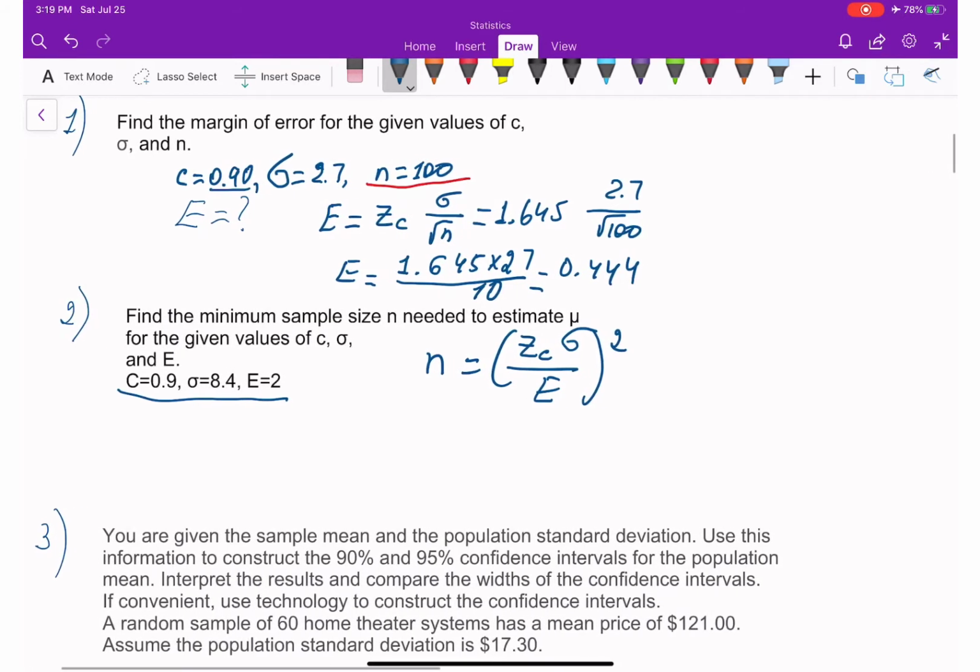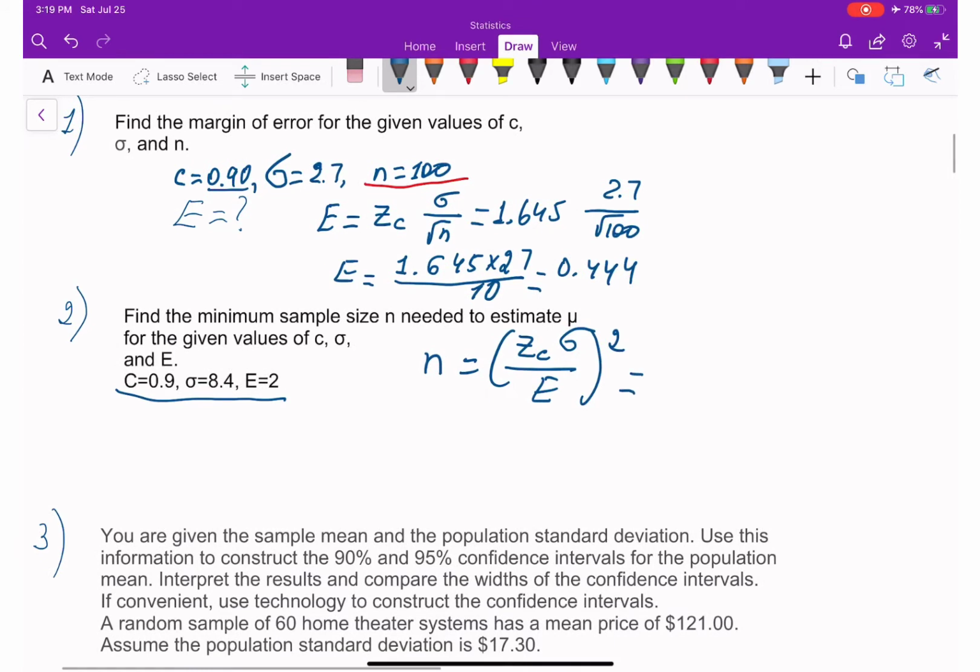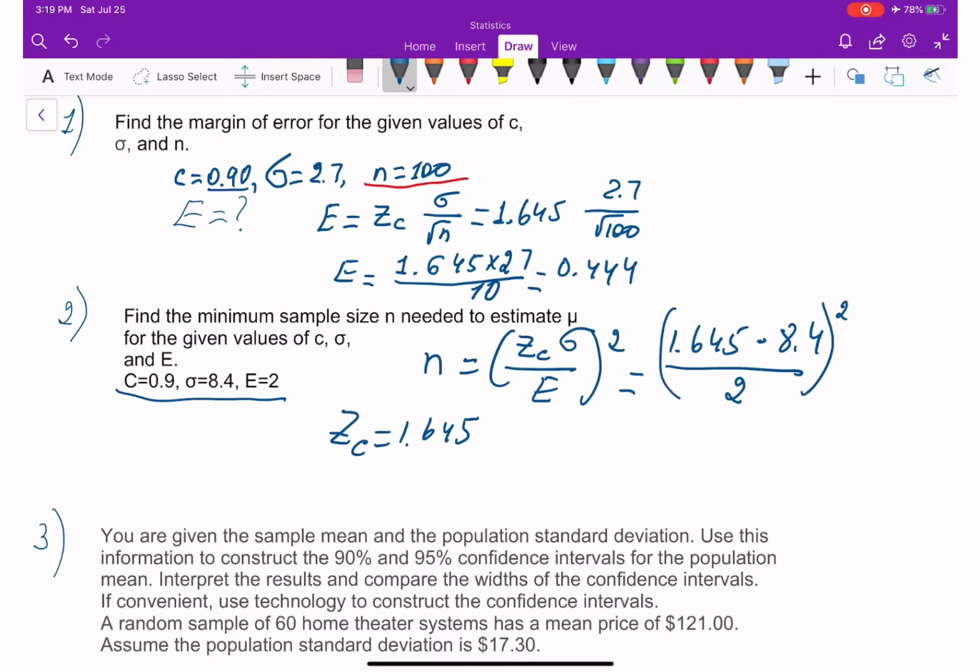So since we have 0.9, then Z critical is going to be 1.645, right, from the previous problem. So 1.645 times sigma is 8.4 divided by margin of error is 2, and all that squared, we are going to get 48.